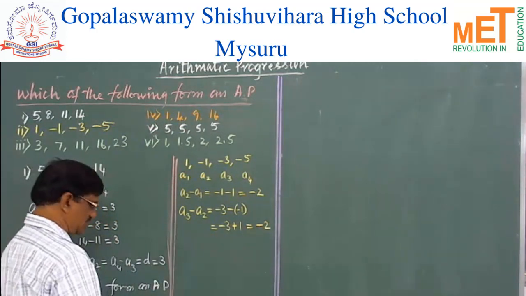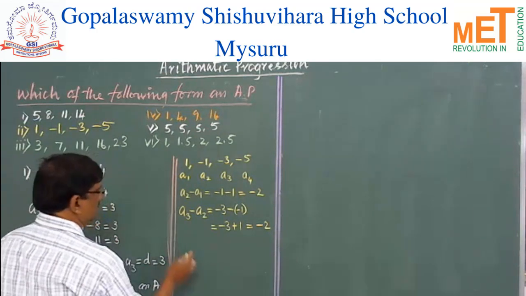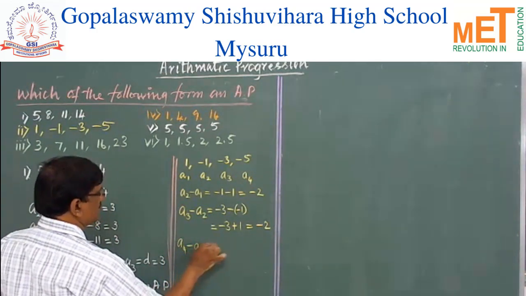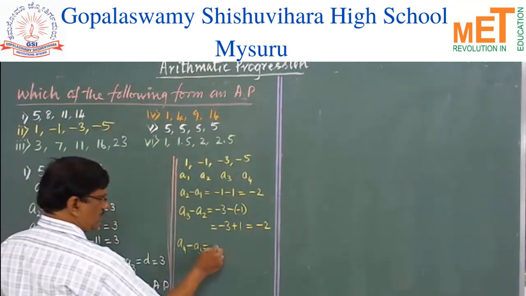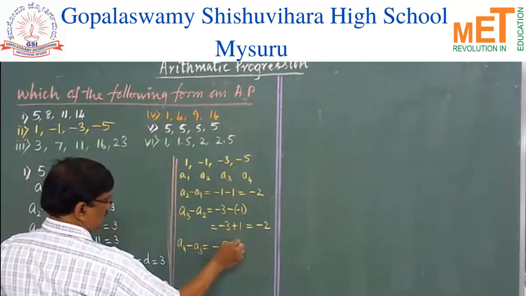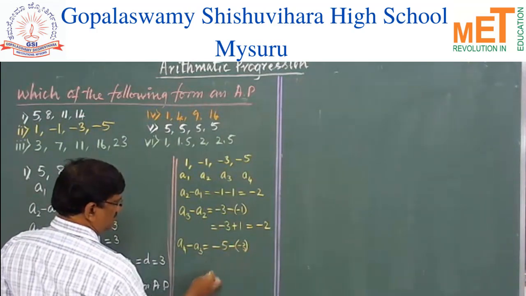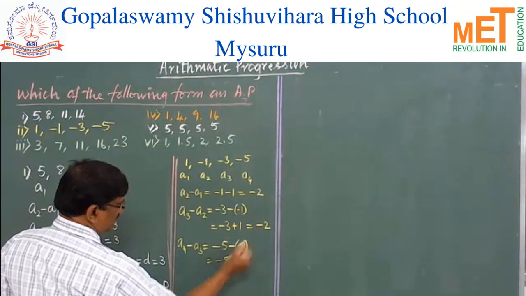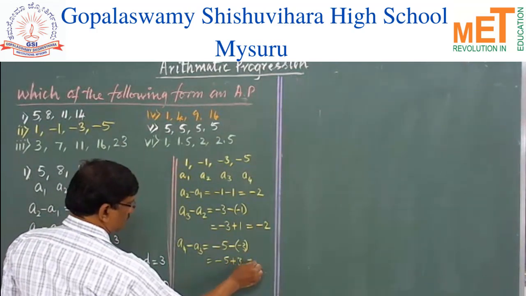Clear, children? Similarly, that is A4 minus A3, that is equal to minus 5 minus of minus 3, that is equal to minus 5 plus 3, that is equal to minus 2.